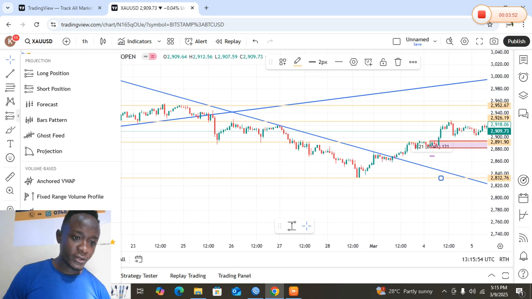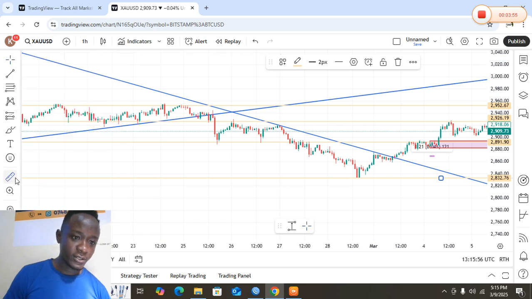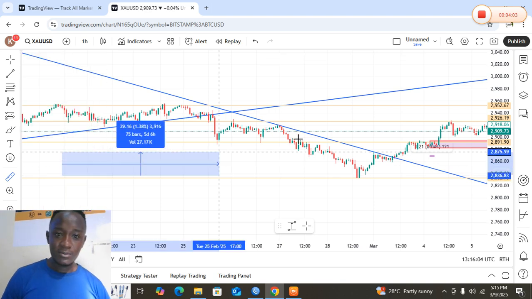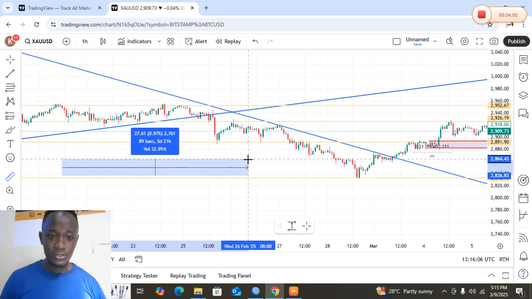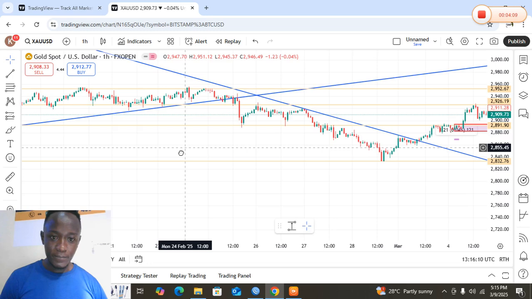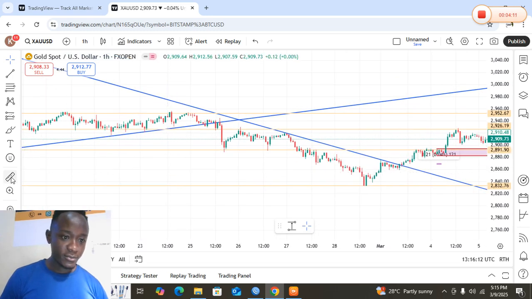I'm looking for the rectangle tool. But let me just show you. Sorry, let me use this one. Yeah, right here. So yeah, one minute. Let me use this one.